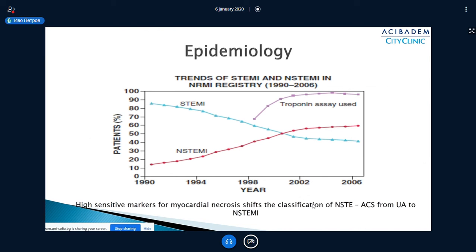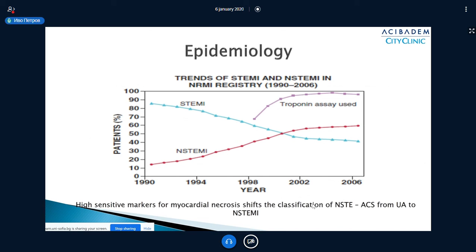It's very interesting that the more high sensitive laboratory investigation we do, the more the patients with unstable angina and non-STEMI are increasing. So it's more than obvious that the difference between these clinical situations is just quantitative and not qualitative.